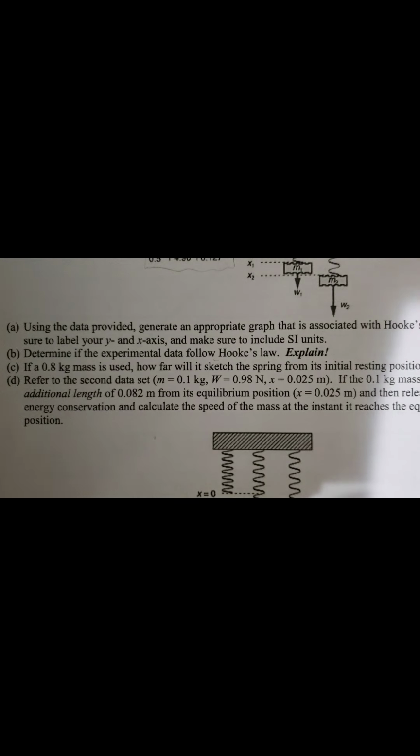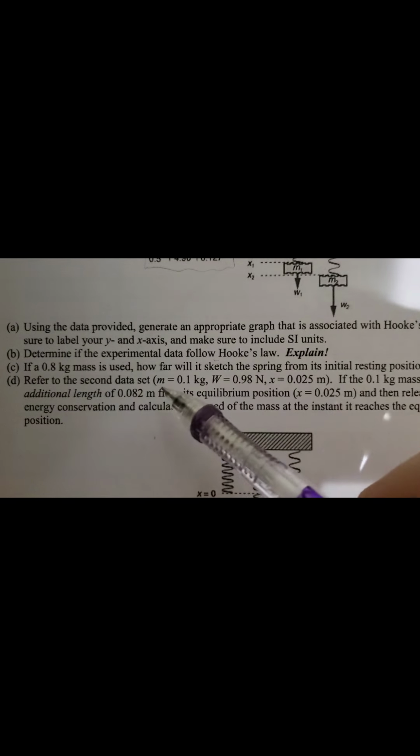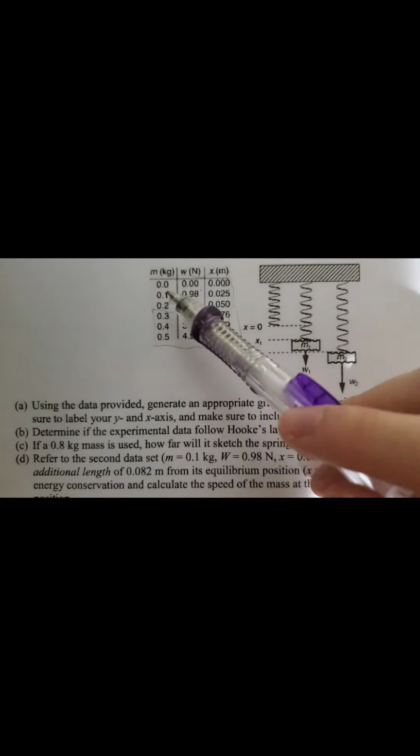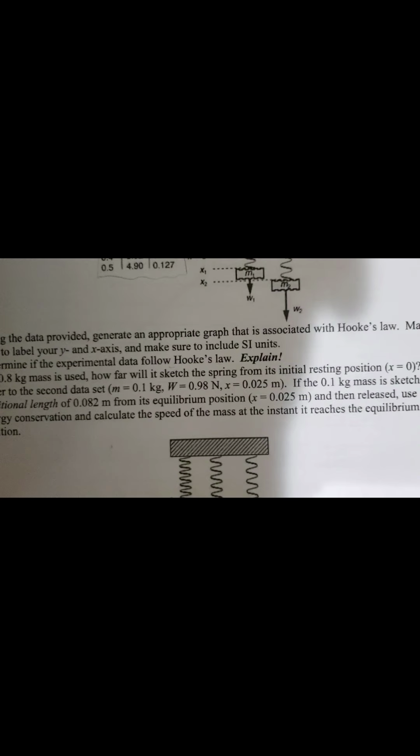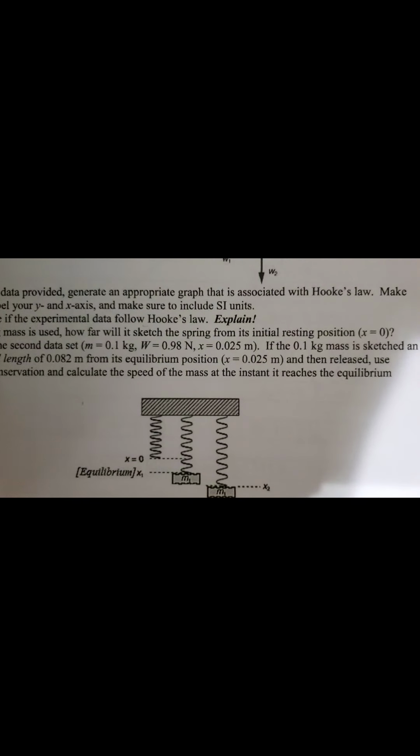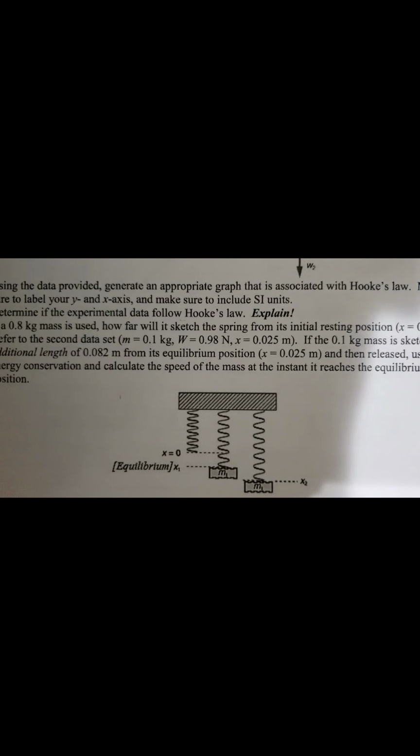Anyways, for part D, we are told to refer to the second data set, which is this one right here. It tells us if the 0.1 mass is stretched an additional length of 0.082 meters from its equilibrium position at x equals 0.025 meters, then released, use conservation of energy and calculate the speed of the mass the instant it reaches the equilibrium position.